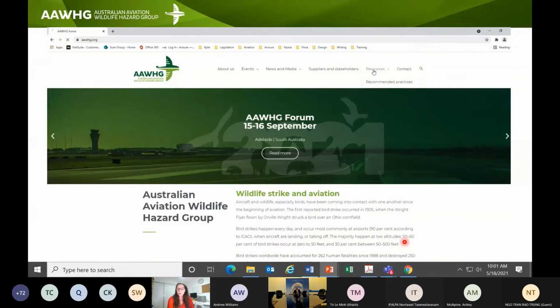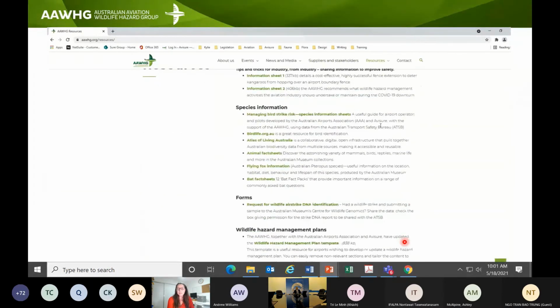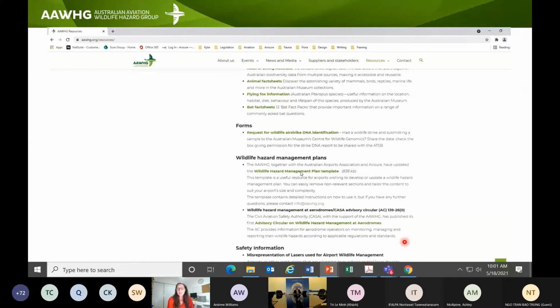This will show you that it's available on the website in the resources section, and there's the template. The idea is to make sure that Australian airports satisfy all the requirements of the regulations, but it's also helping them make sure they have something in place that is consistent and adaptable to their particular operations.